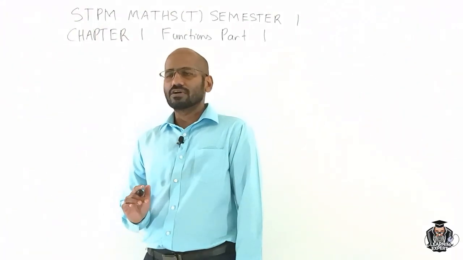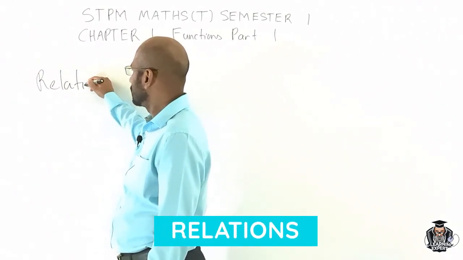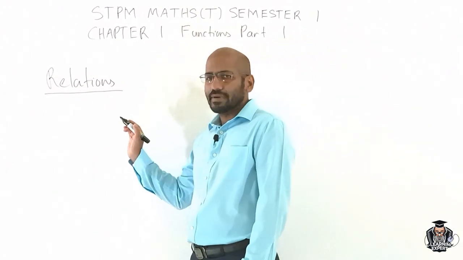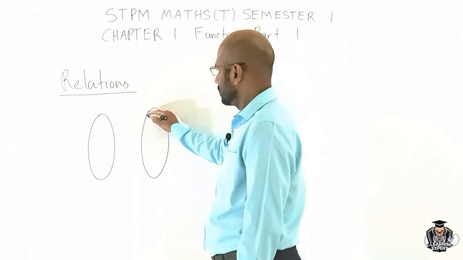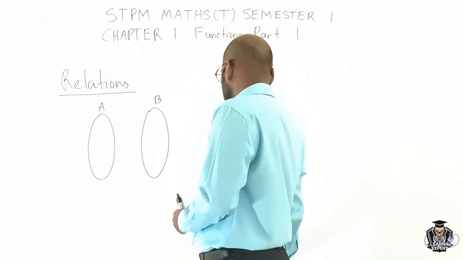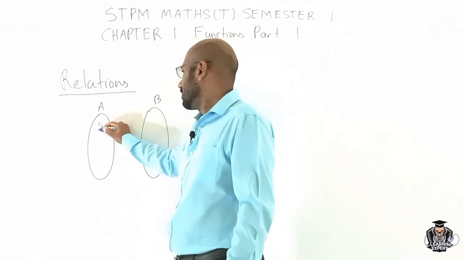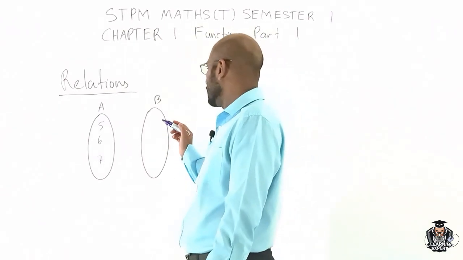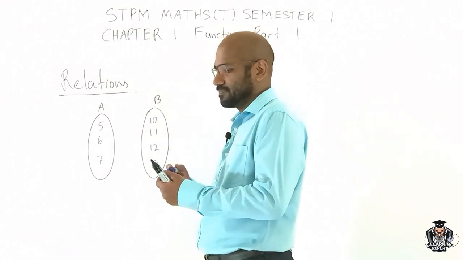The first thing that we've got to cover today would be relations. Let me explain to you all first what is meant by relation. Let's say we've got two groups over here, and this is A and this is B. We have certain elements in A. Let's just give them namely numbers 5, 6, 7, and A maps to certain elements in B. We could give them numbers as well, 10, 11, 12, 13.